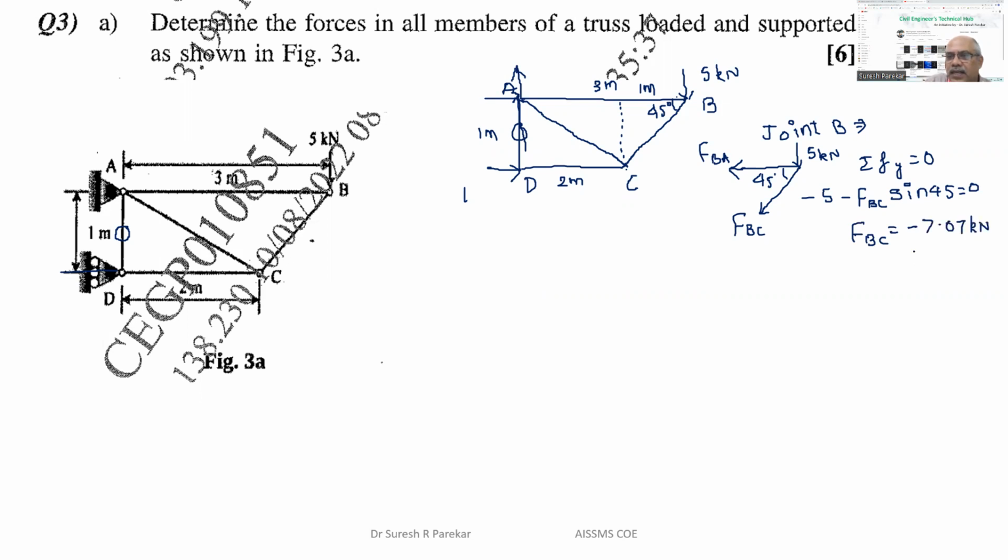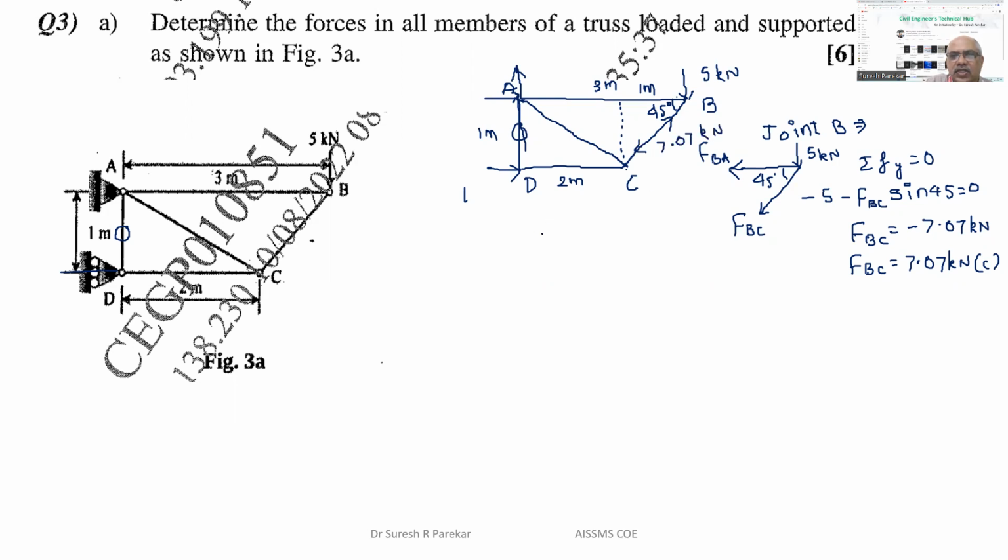But as it is minus, so we have FBC 7.07 kilonewton compression. So I will show this 7.07 kilonewton. Once you have shown a direction, its negative sign should not be considered.